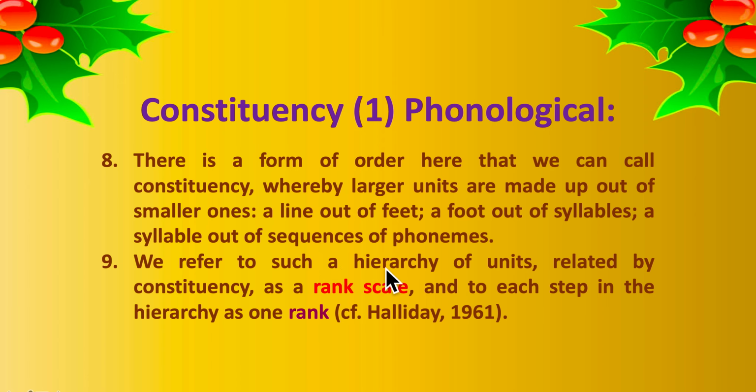So a hierarchy of units means levels of units related by constituency in relation with one another. We call it rank scale, rank 1, rank 2, rank 3. And each step in the hierarchy is known as a rank. So rank scale is like ladders, like steps going down and down till the last point. And this we call rank.